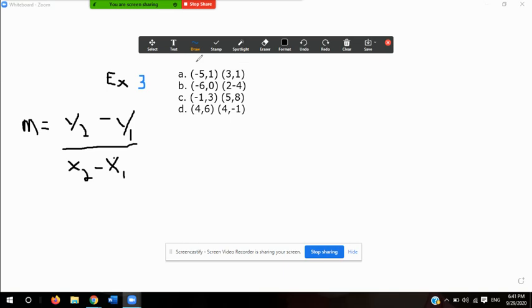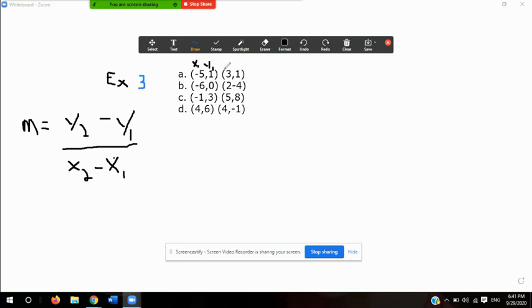So we're going to say that the first coordinate is x sub 1, y sub 1. Hopefully you guys can distinguish that.